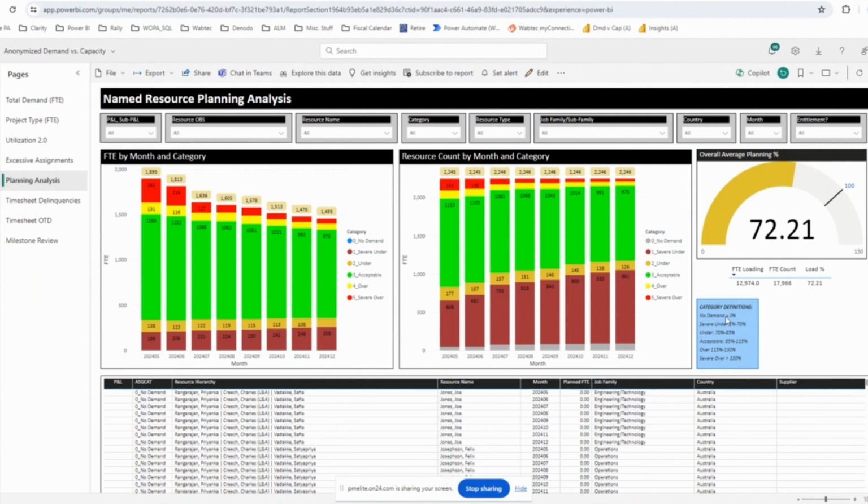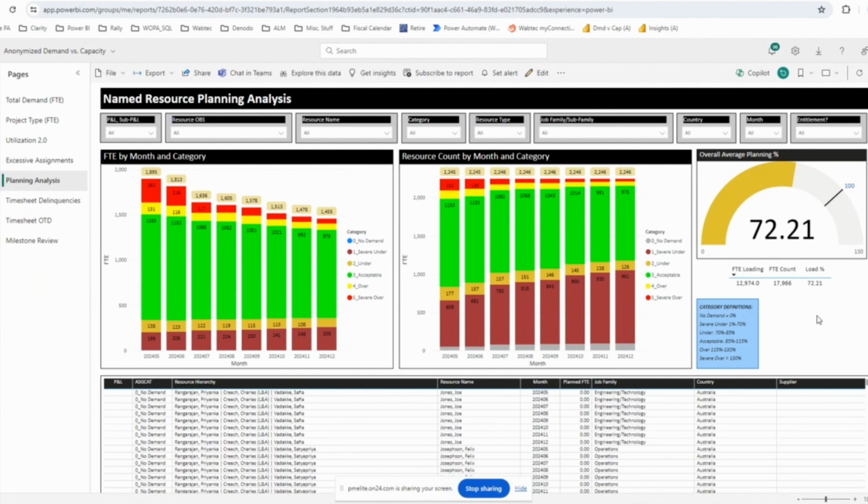And technically a 6th category, who has no plan, no demand at all. So this left side is telling us how many people we need and what the composition of those people looks like. The right side is telling us how many people we actually have, broken down the same way.